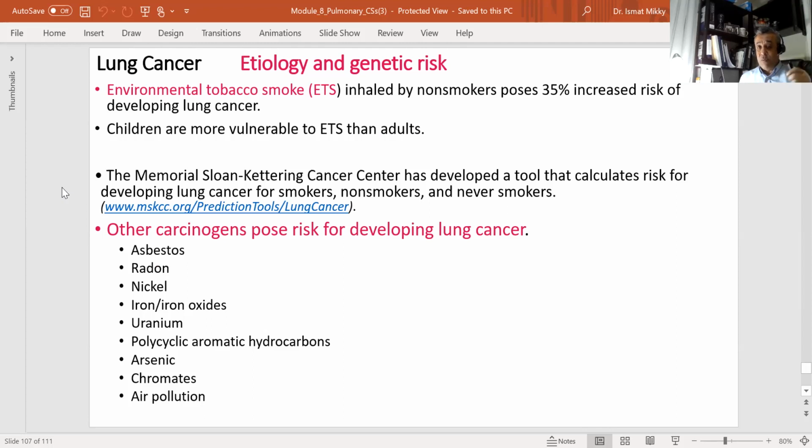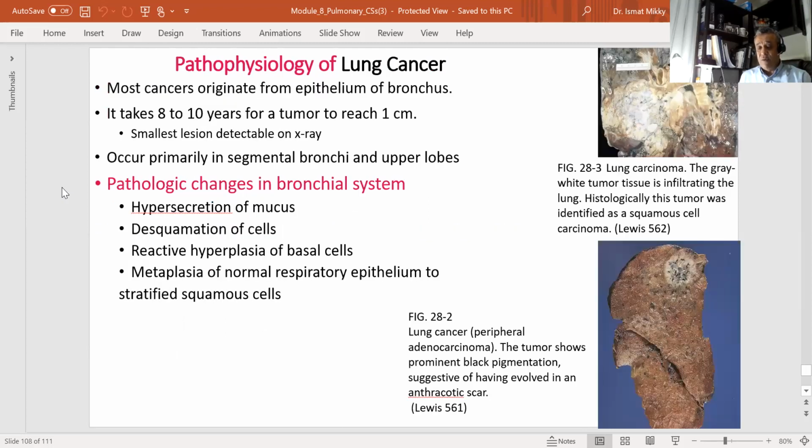But smoking will have a synergistic effect with the effect of these chemicals.